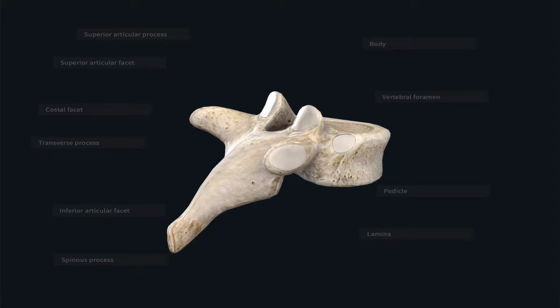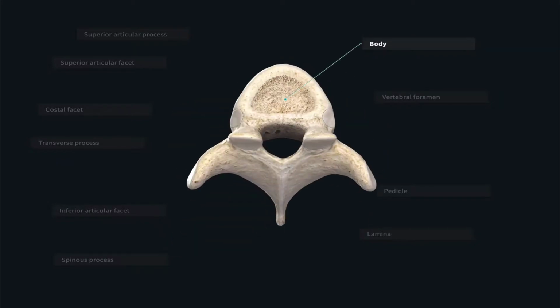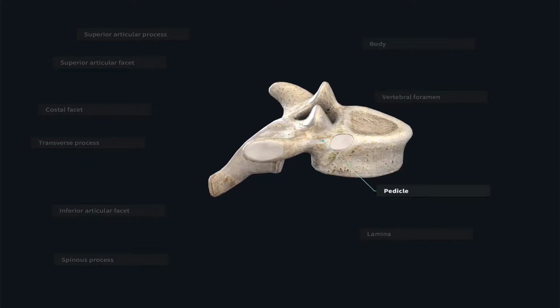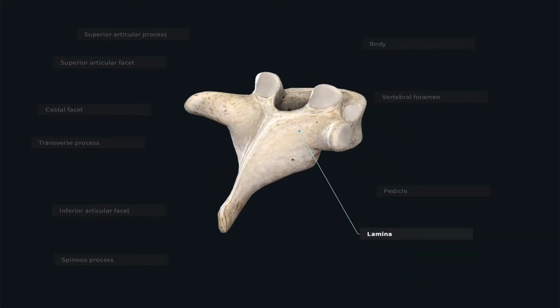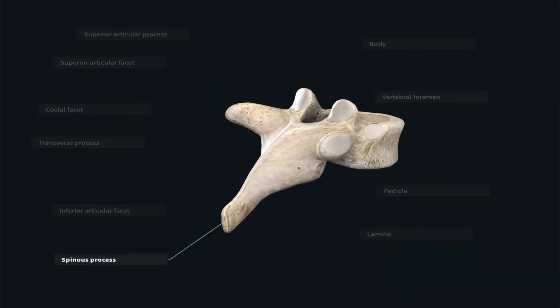Thoracic vertebrae. The 12 thoracic vertebrae are larger than the cervical vertebrae above, but smaller than the lumbar vertebrae below, related to the degree of load bearing that occurs across the thoracic spine. There are a number of features in keeping with cervical and lumbar vertebrae, including a body, pedicles, lamina, and spinous processes that complete the vertebral arch.